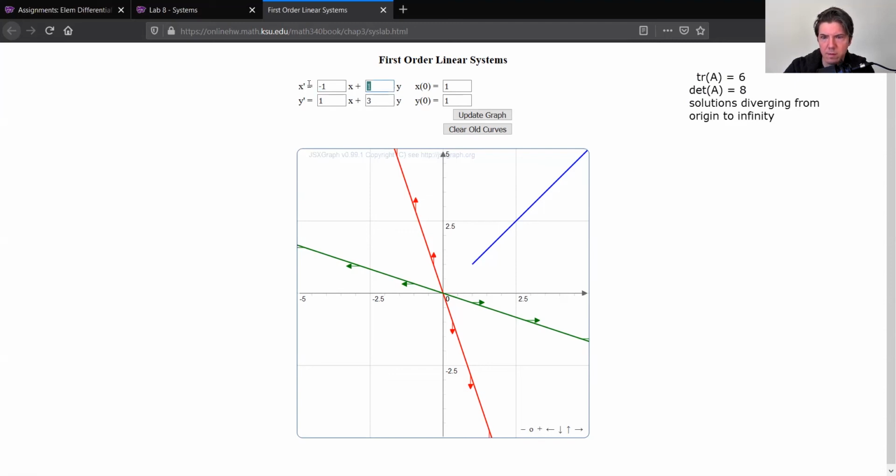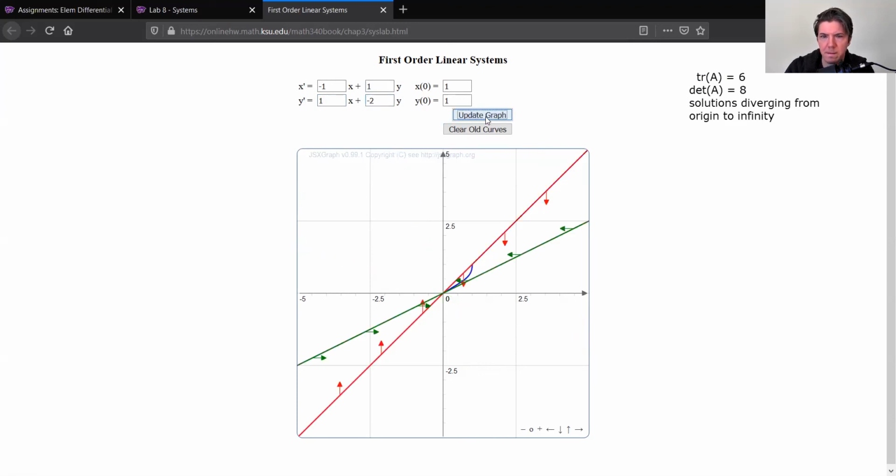So I'm just going to go with the first one I see, and we'll see if this works. Yeah, that looks pretty good to me. Okay, cool. And I'm actually going to start this a little farther out. So let's do that. Yeah, that's looking good. All right, cool.